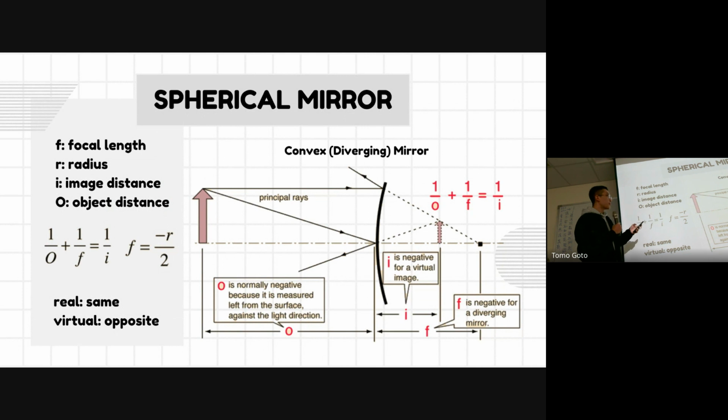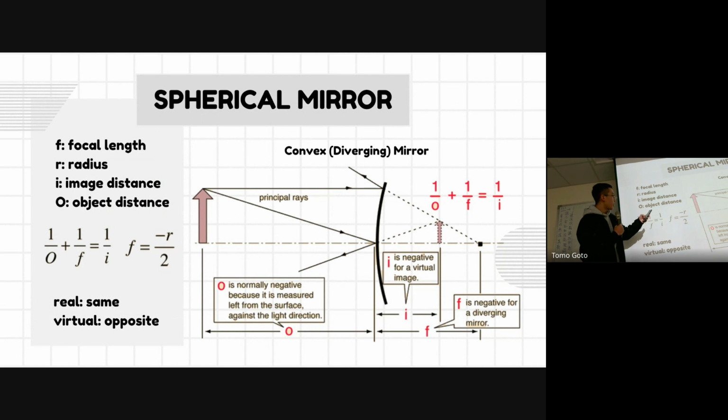For a plane mirror, r approaches infinity, so that makes the object distance equal to the image distance. For the spherical mirror, a real image is formed on the same side as the object, and virtual images are formed on the opposite side.